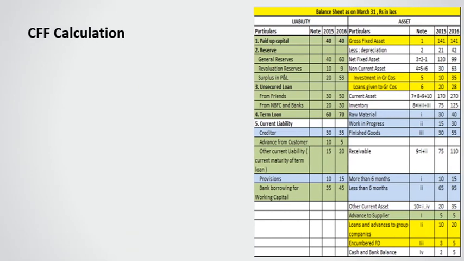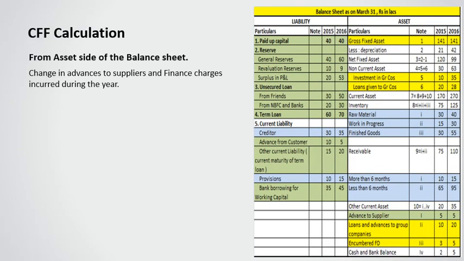Now we shall look at the cash outflow to business from the asset side of the balance sheet and the P&L statement. The items to be considered are change in advances to suppliers and finance charges incurred during the year. The finance charges are taken from the P&L. First, the change in advances to suppliers.